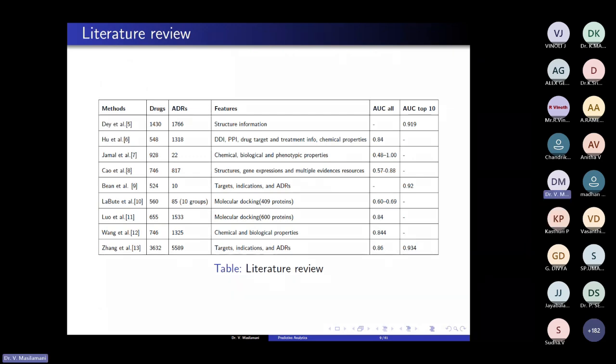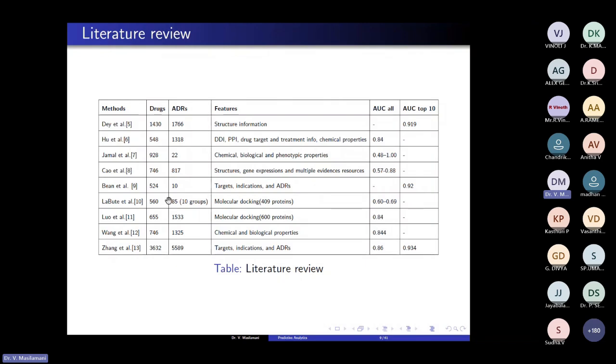Coming to the literature related to this ADR prediction, people have worked extensively, and people have used different data sets and different features, and then they reported AUROC scores. You can see that the AUROC score ranges from 0.9 something to even smaller values like 0.48 and so on.